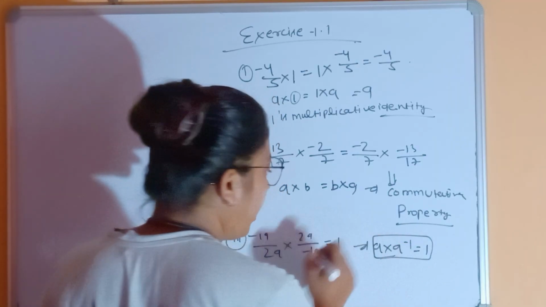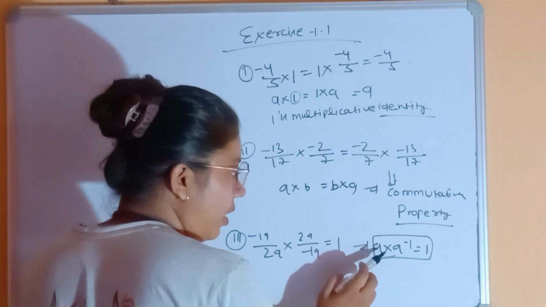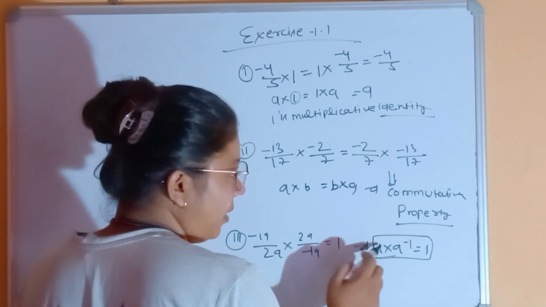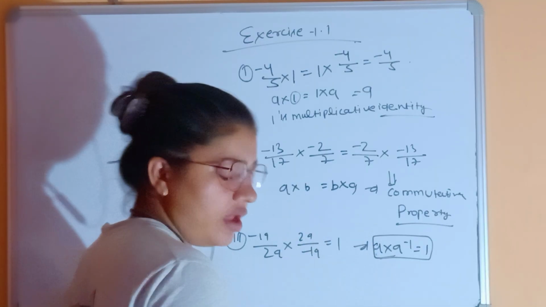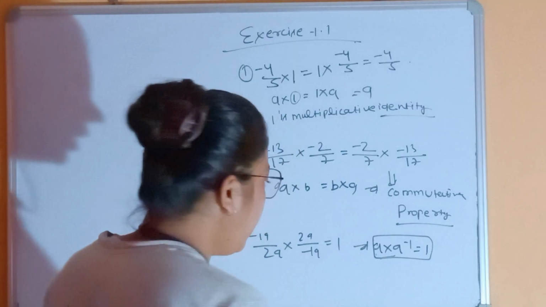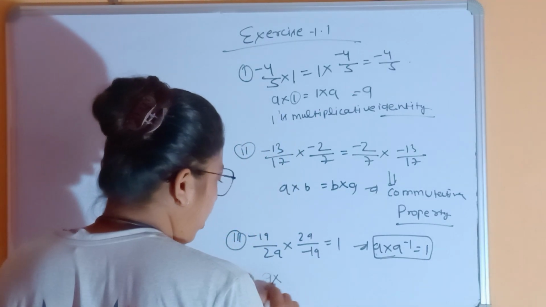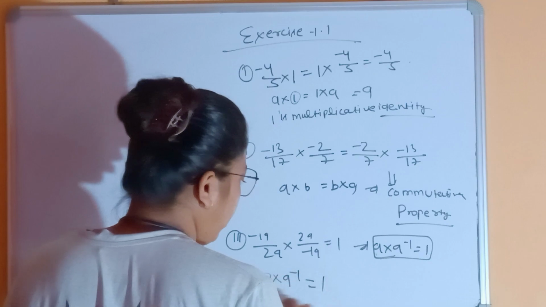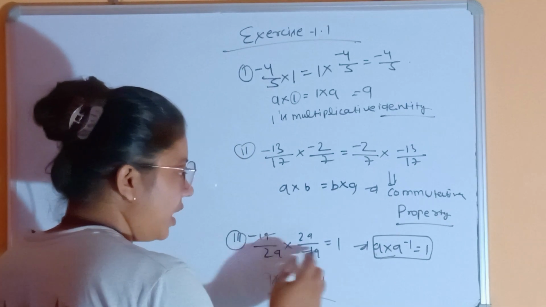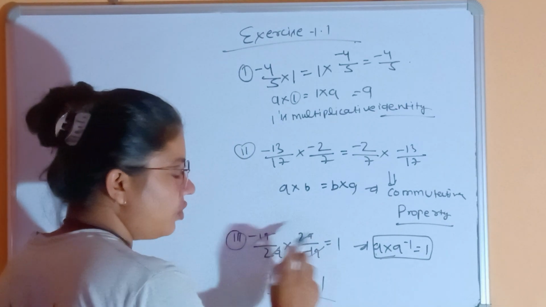That is the multiplicative inverse. Here minus 19 by 29 and 29 by minus 19 multiply, so the answer is 1.